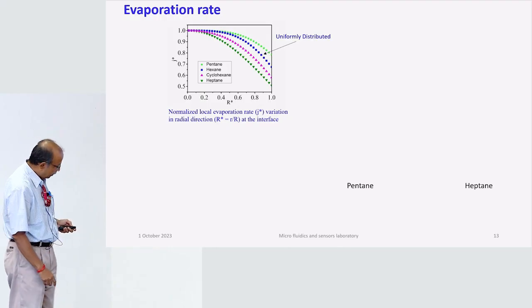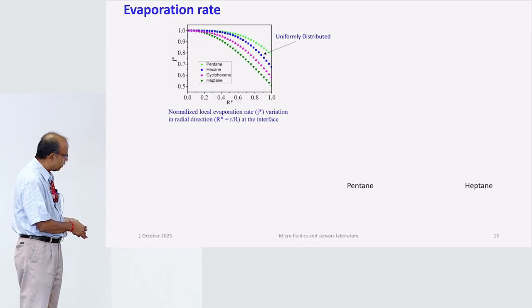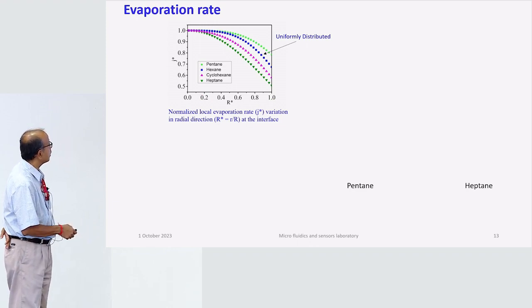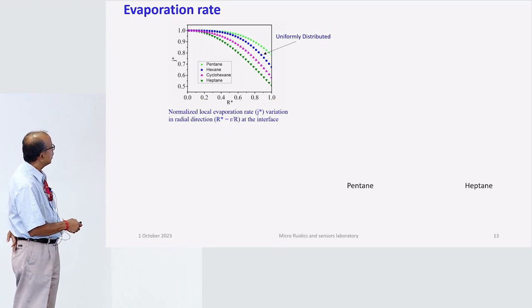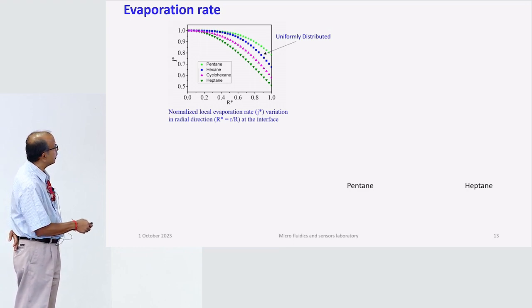So the next question is that we will try to see the evaporation flux we are getting above the cloud. This one is the center of the cavity, where the evaporation flux is maximum. And you see that with different fluids, the evaporation flux above the cavity is different.